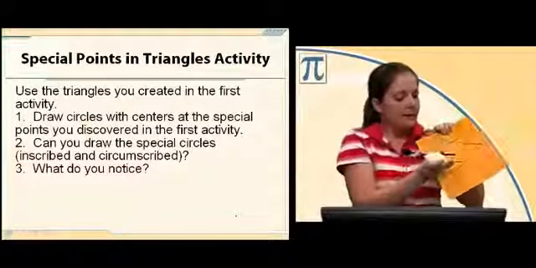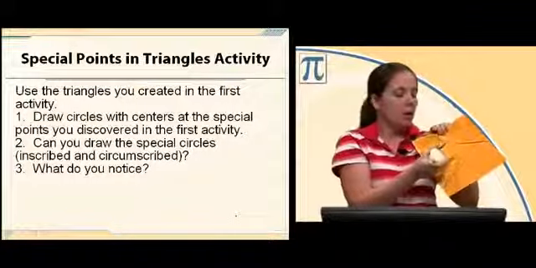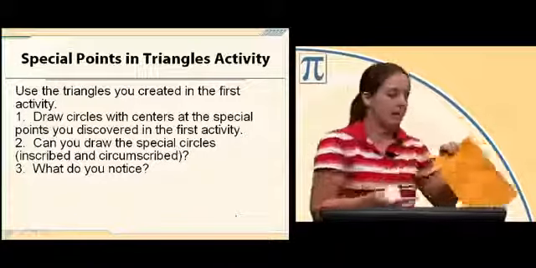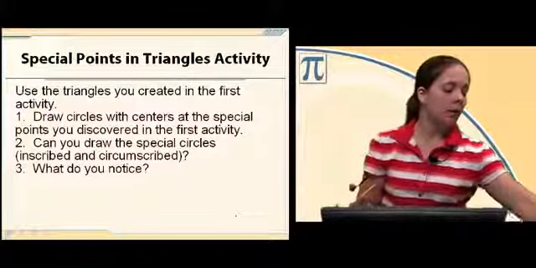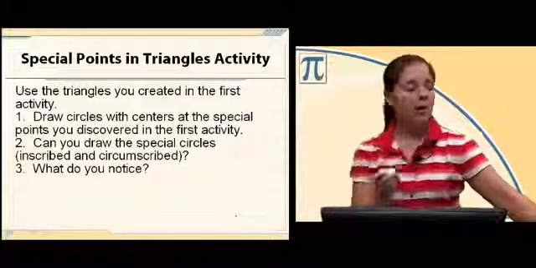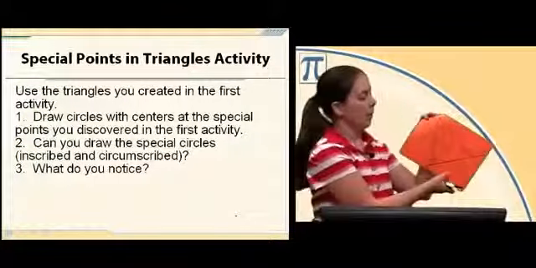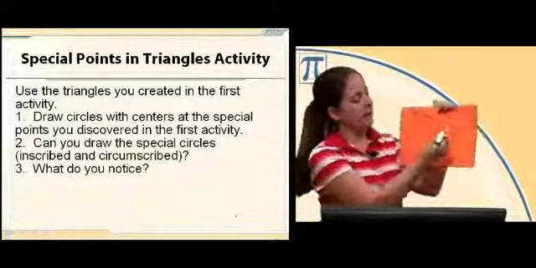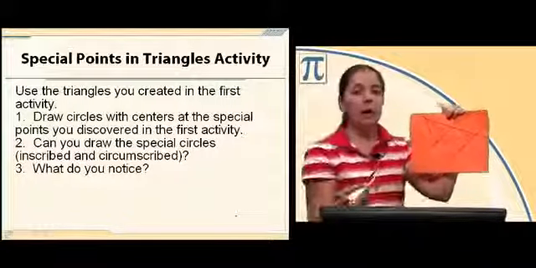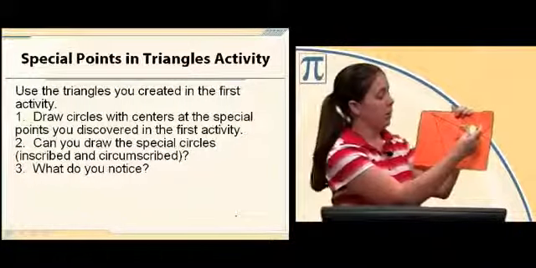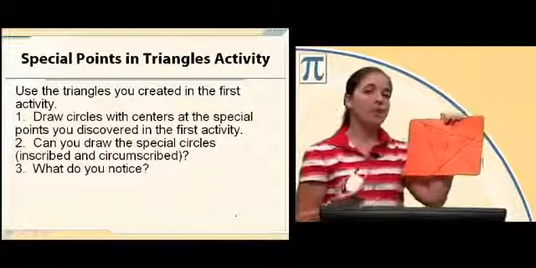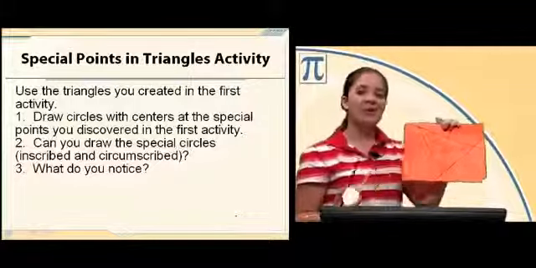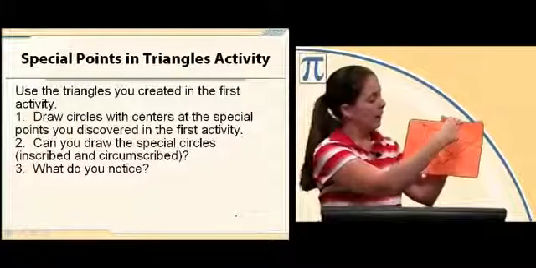It's the same distance to each of those sides. So the point of concurrency to the side is the same distance on all 3 sides, which means if we draw the circle in, what you're going to see is that circle is inscribed in the triangle. So the point of concurrency for the 3 angle bisectors is the center of the inscribed circle. I can draw that circle in.